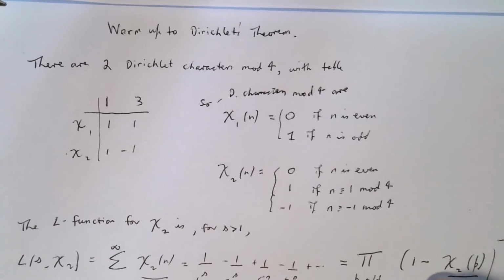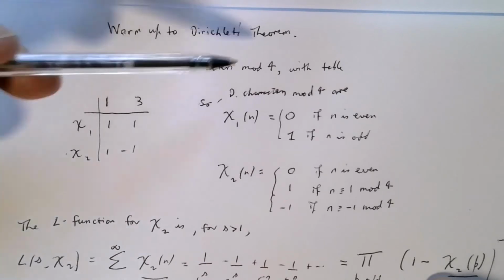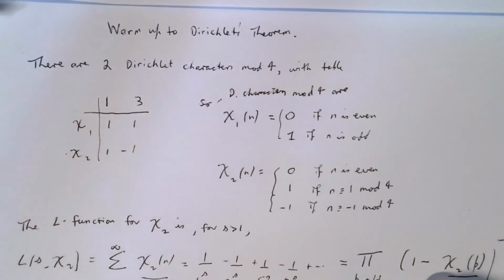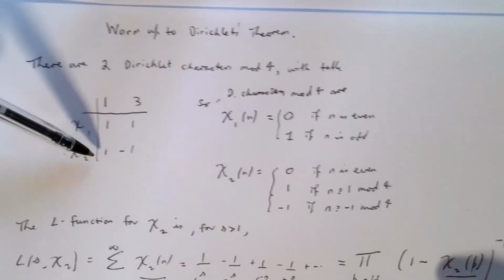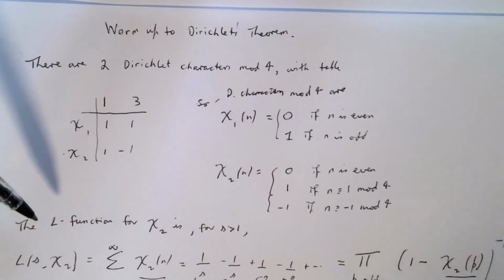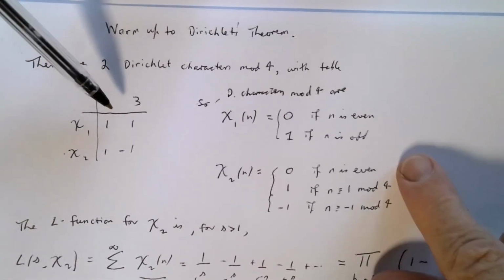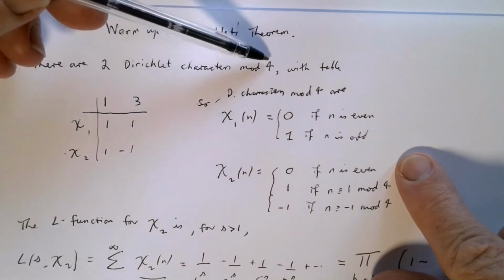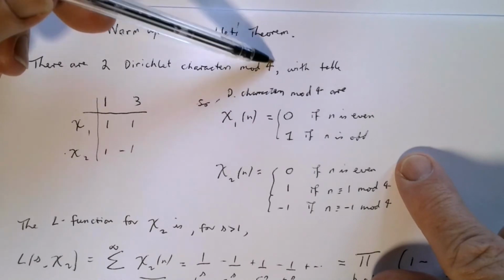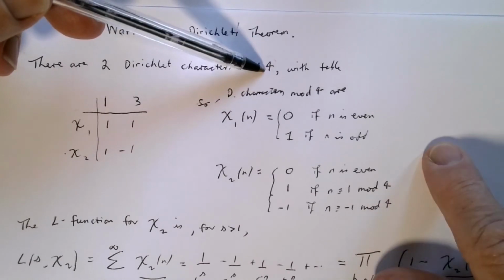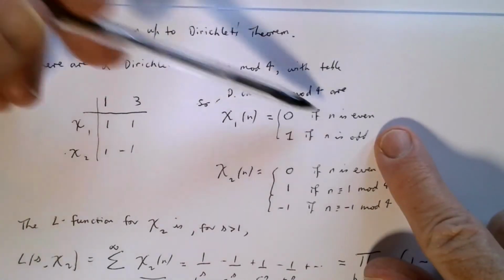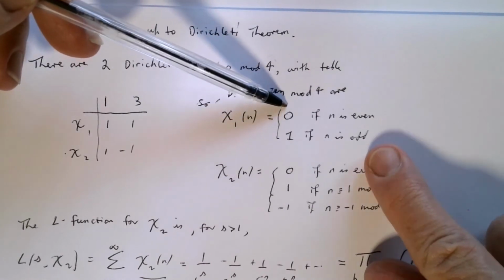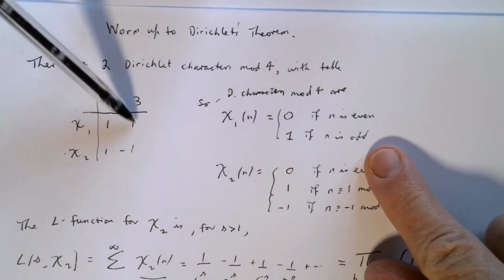Now we can look at the Dirichlet characters, which take the integers and map them into U4 and then up into the complex numbers by using the character values. So we can see that for chi1 everything gets mapped to 1, but any integer which is not relatively prime to 4 gets mapped to 0, i.e. if n is even, then chi1 of n is 0, and if n is odd, the values are all 1 as it cycles through.